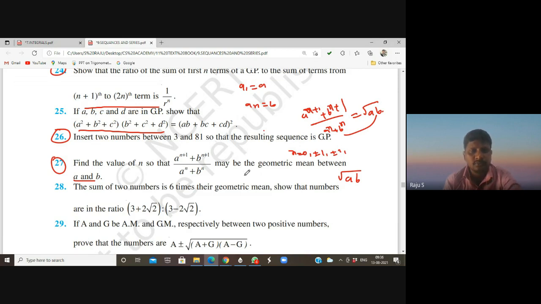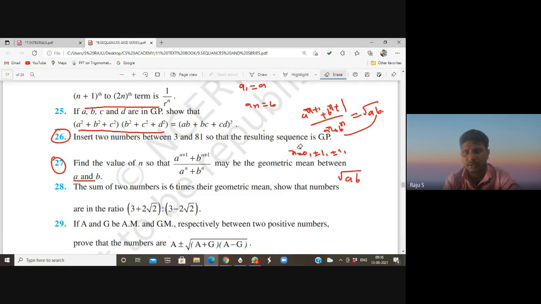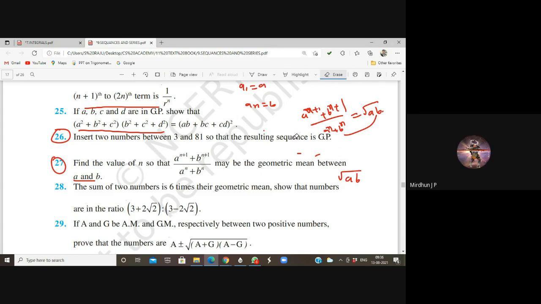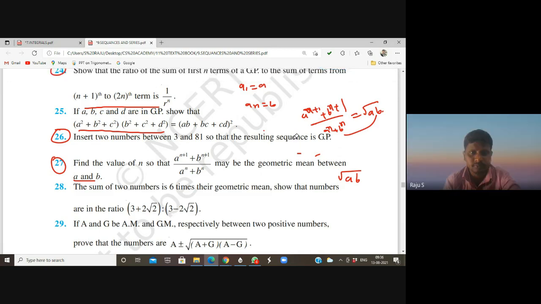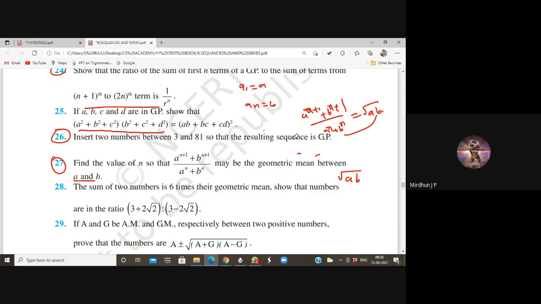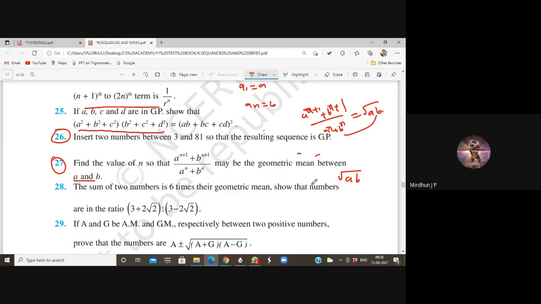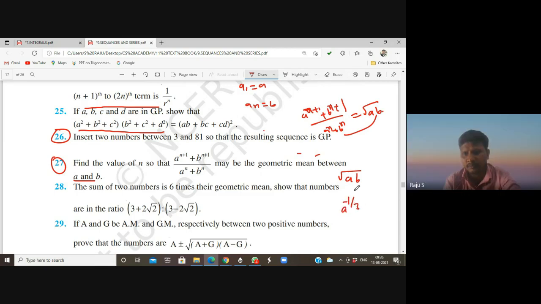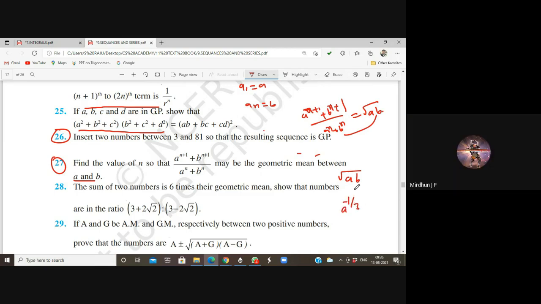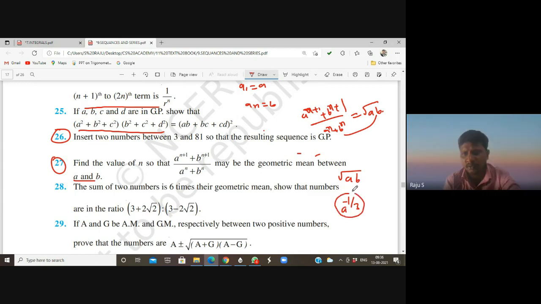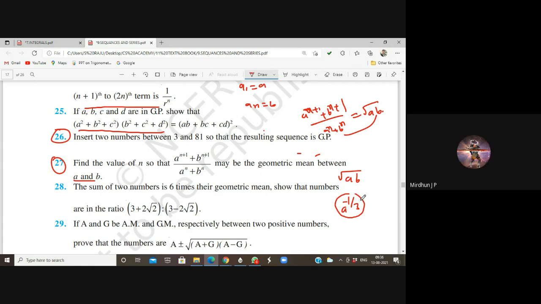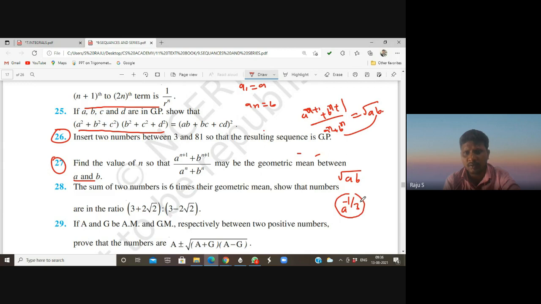Fast, because you have to practice this kind of questions. Sir, I have a doubt, sir. What is a power negative 1 by 3? a power negative 1 by 3 means, in this case, we can't say it is imaginary. Why can we say it is imaginary?